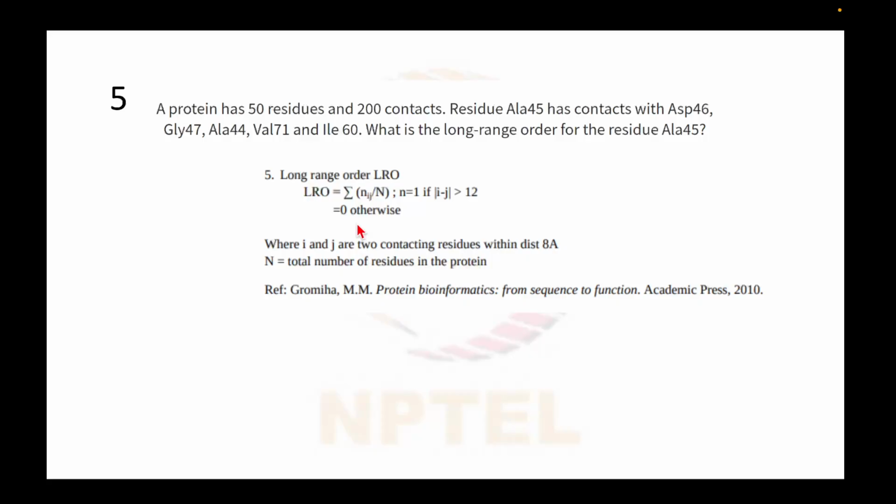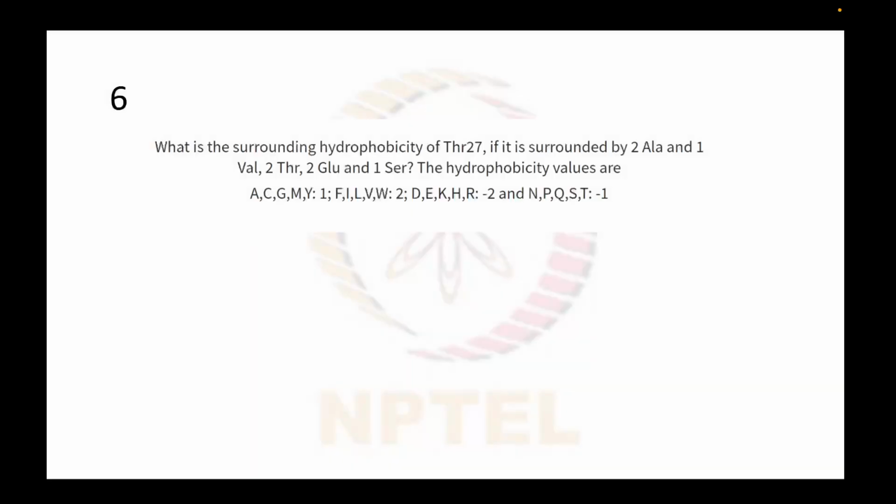The numerator binary value will be 1 if the distance between two residues is more than 12, otherwise it is 0. Rest remaining are the same. So here with more than 12 sequence separation, we have only residues valine and isoleucine. So we have now 2 divided by 50. So it is 0.04. Further, we calculate the surrounding hydrophobicity.